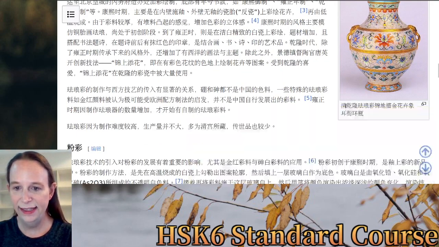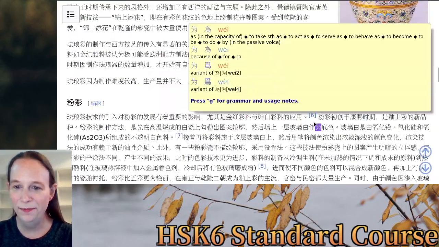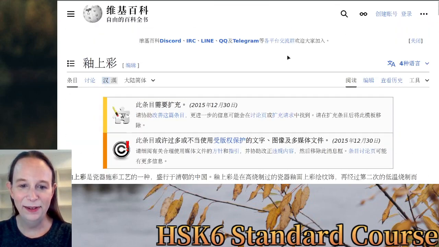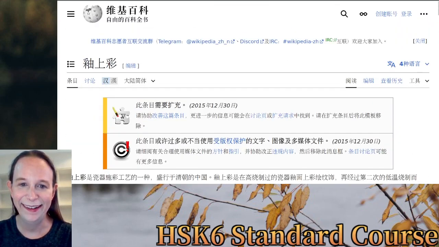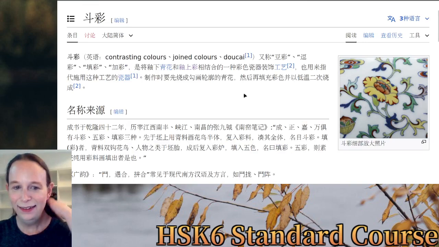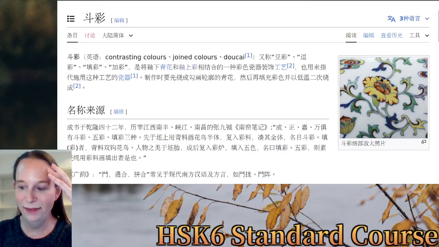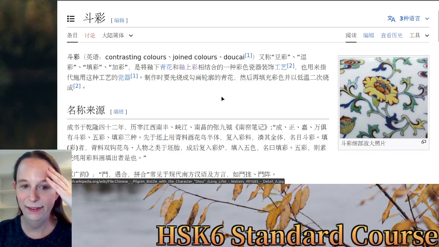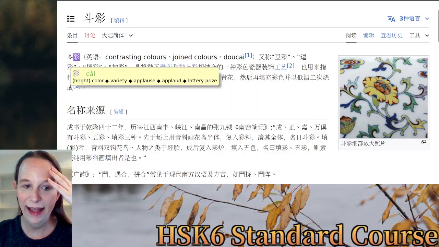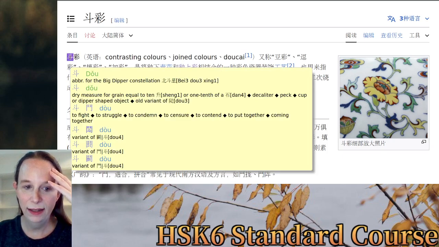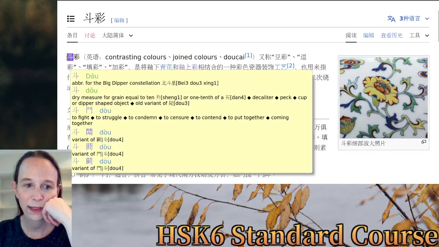What is it? All right, let's skip. That'll be a lot to read. Okay, the contrasting colors, multiple colors in the form of glaze, is 斗彩. Why is there a 斗 in there?